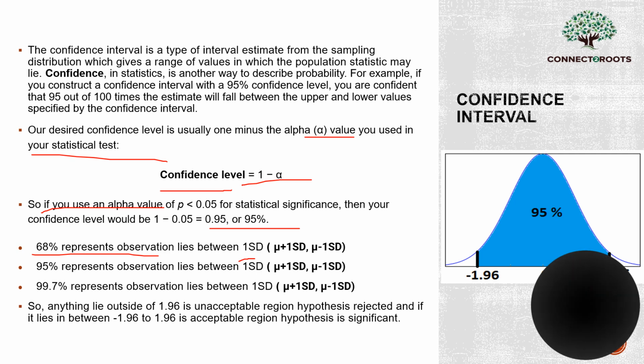This is mu, the sample mean. From plus one standard deviation to minus one standard deviation around the mean is 68% of your data. Between two standard deviations, 95% of your data lies, 99.9% of your data lies within three standard deviations, and outside that will be your outliers.